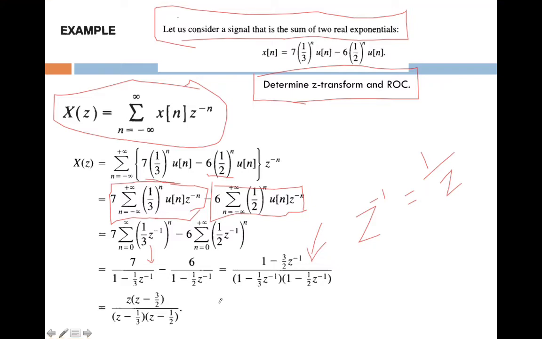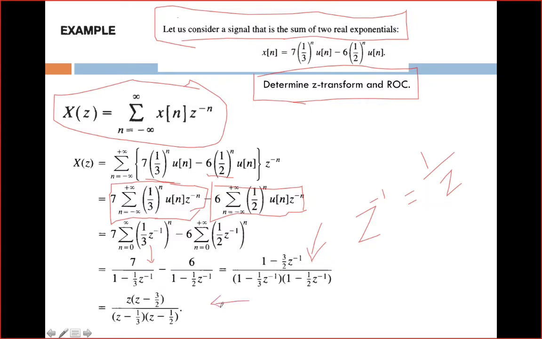Now we need to identify how many poles and how many zeros are present in this equation. As I told you, numerator factors give zeros and denominator factors give poles. So I have a pole at 1/3, a pole at 1/2, a zero at the origin and also a zero at 3/2. These are the four quantities I have to represent in the z plane.